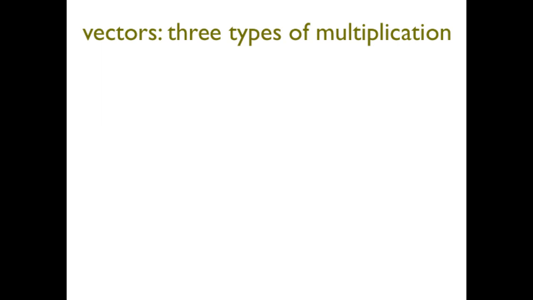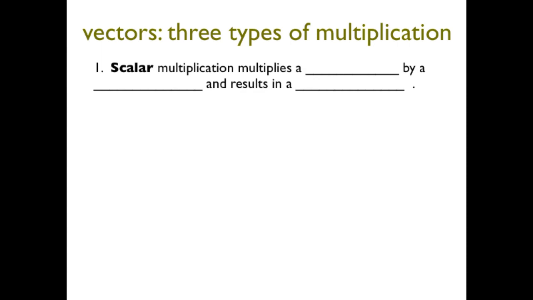Yeah, dot product was one, and what was the other one? Scalar multiplication, right? So scalar multiplication, here's your fill in the blanks. Multiplies a what by a what and results in a what? Don't look at your notes. See if you know from your head.